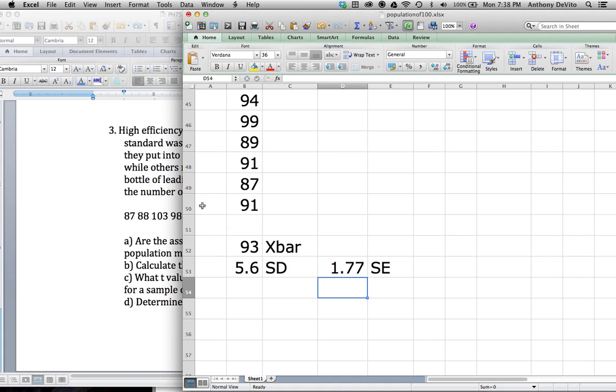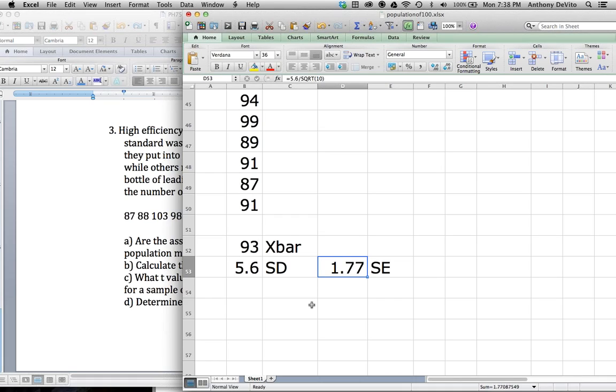Given that this is our approximation of the mean, I would expect the population to have a spread, a standard deviation of about 5.6, similar to what my sample did. I would expect repeated samples of size 10 to have a spread, or standard error, of 1.77 because they're a larger sample size than individuals in the population.